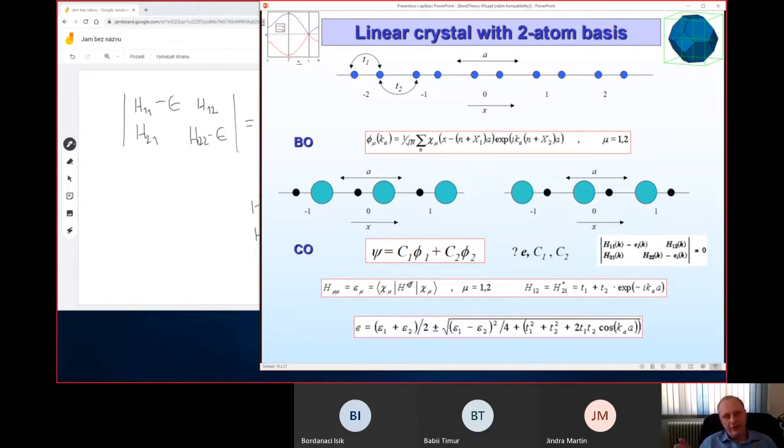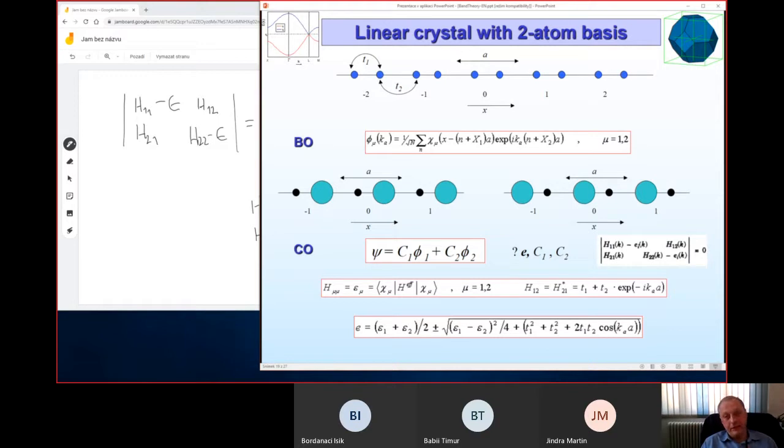You would always observe the formation of dimers, that means molecules of hydrogen atoms, hydrogen molecules. And this can be interpreted as a formation of a superstructure with a doubled unit cell.